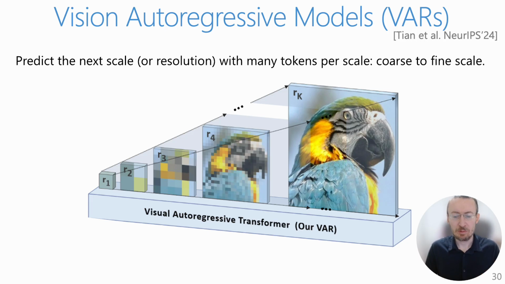How it works is that you can think about starting from resolution R sub 1, which is your initial idea of how the image could look. Then R2 is a bit more refined, R3 is maybe a bit more pixelized, and then in R4 you can see the shape, in this case of this parrot. And in R sub k, after many of these resolutions, in the last scale you have a very detailed view of the given animal.